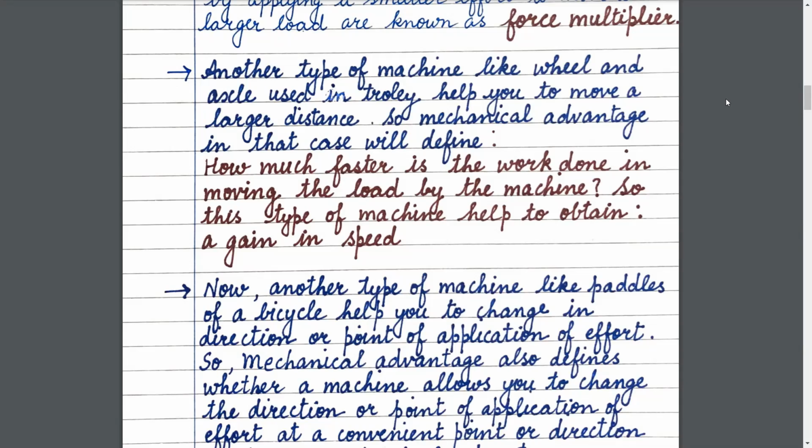Hence, mechanical advantage is equal to load upon effort. It has no unit. The reason: both load and effort are similar terms. Both are forces and hence cancel each other.